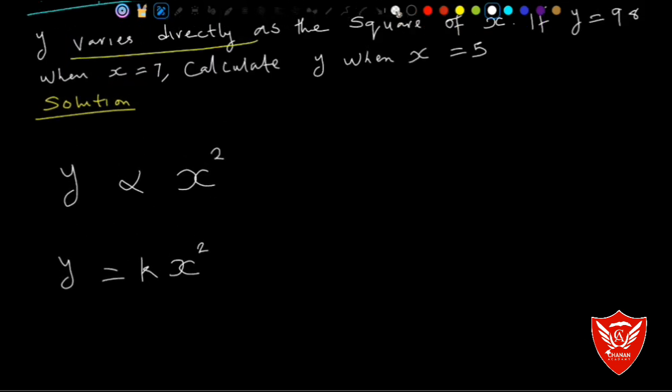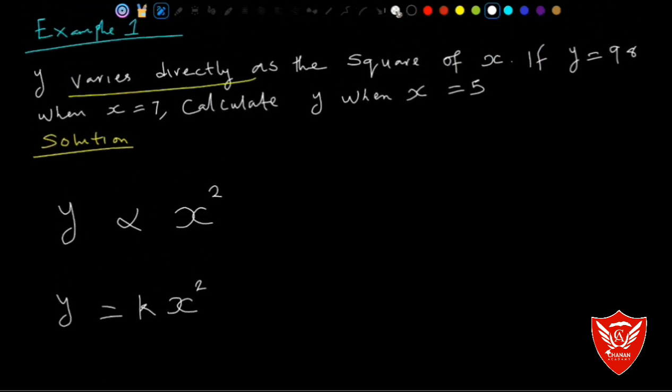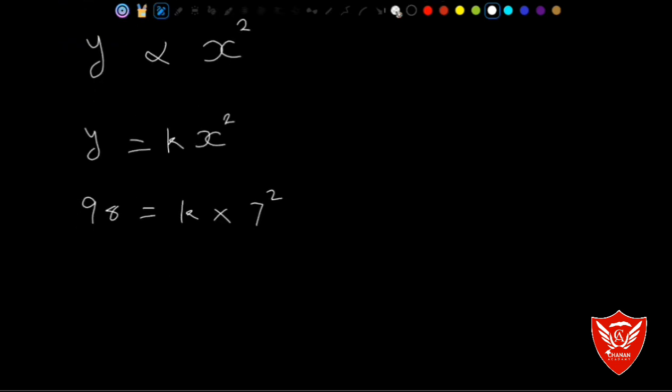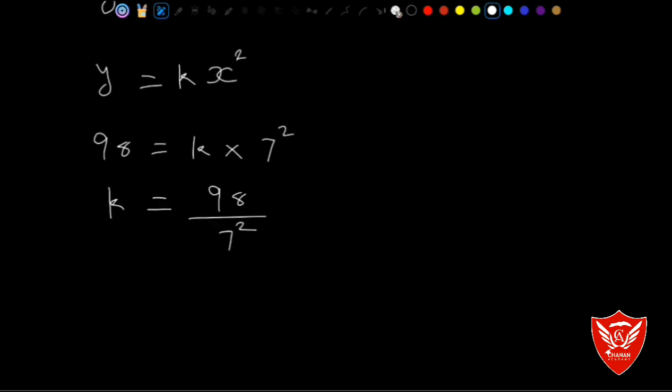Now we are told that Y is 98 and X is 7. So we have 98 equals K, then X is 7, so we multiply by 7 squared. Then we divide both sides by 7 squared. We are going to have K equals 98 divided by 7 squared. 7 squared is 49, so K equals 98 over 49, and 49 into 98 gives 2.